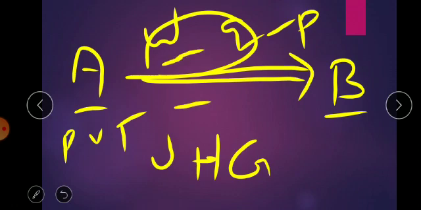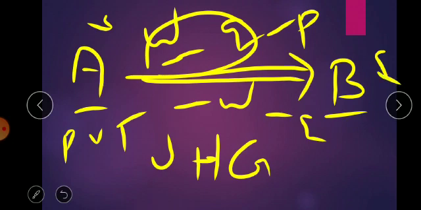Suppose the work is lesser, the work is decreased; automatically Q will also decrease. The heat is also decreased. So W as well as Q are known as path functions, and here A as well as B are state functions. The state function does not depend upon the path function.